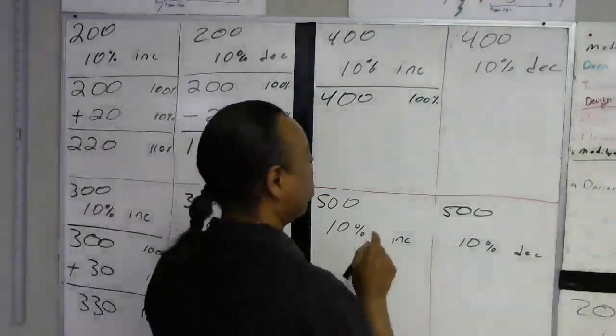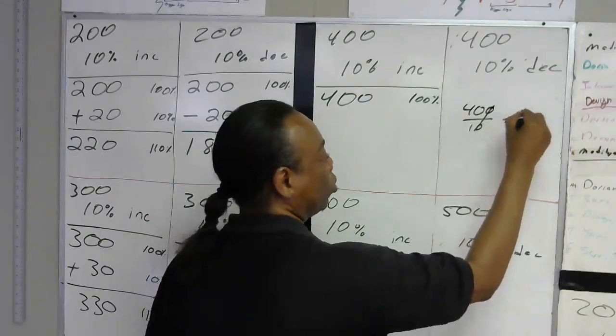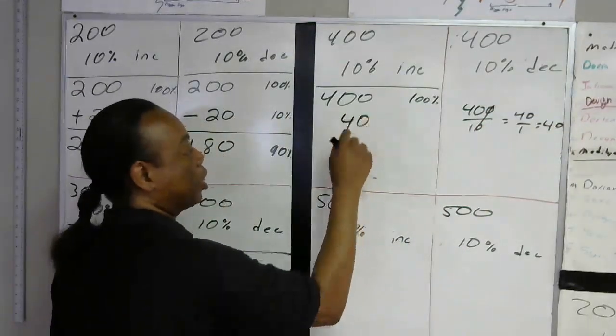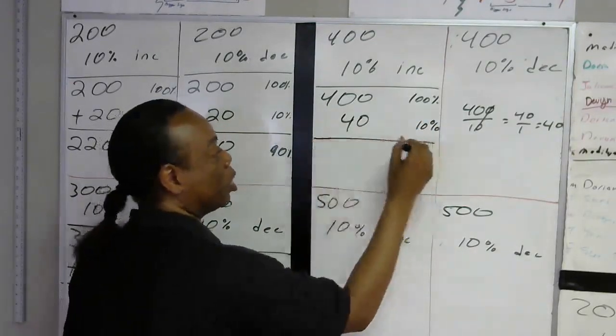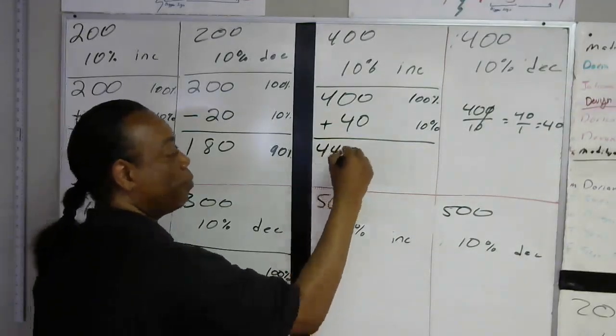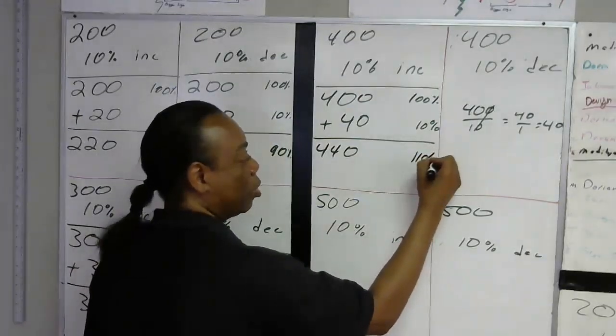I'll put it over here. Zeros cancel, and we get 40. So this 40 is 10%. Since it's an increase, we're going to add those together, and you're going to get 440, which is representing 110% of the original.